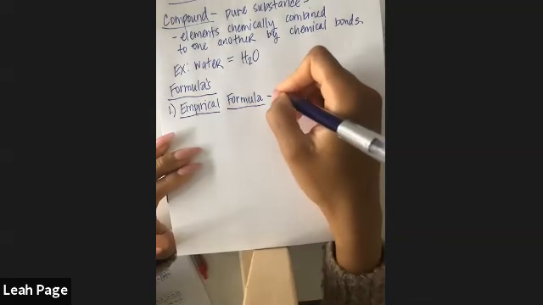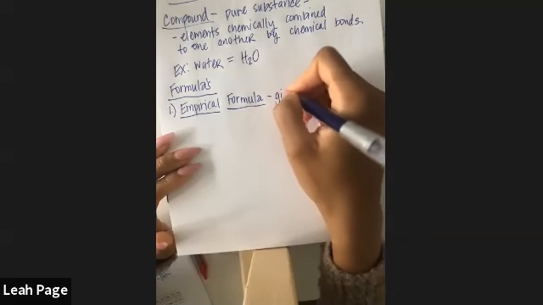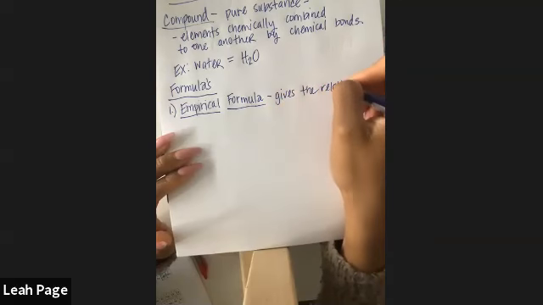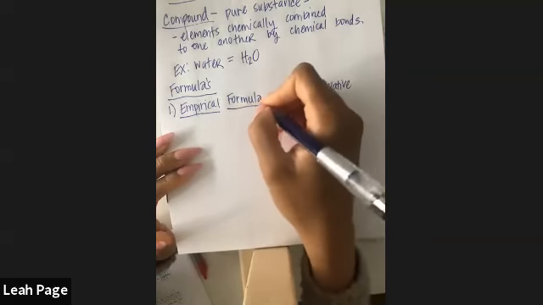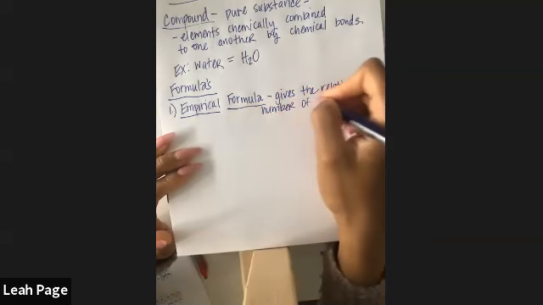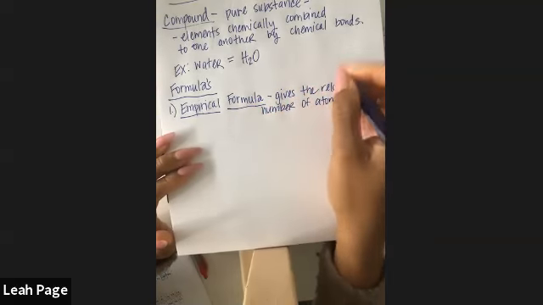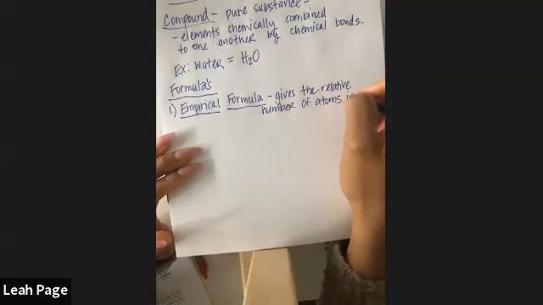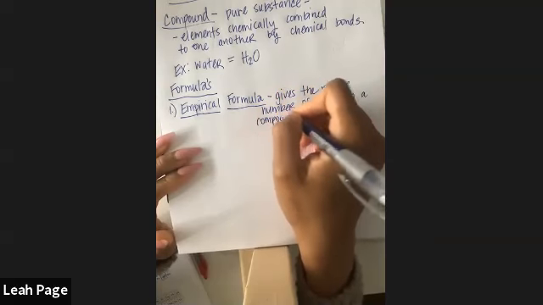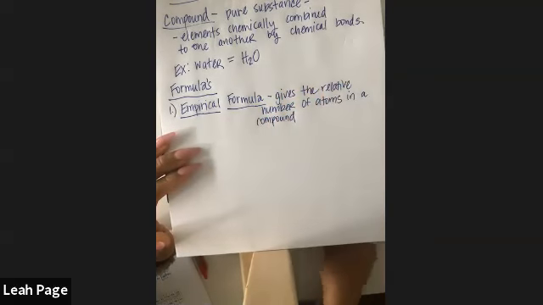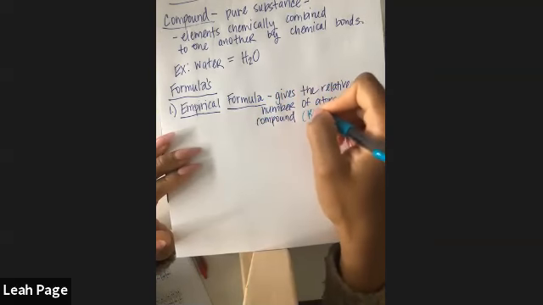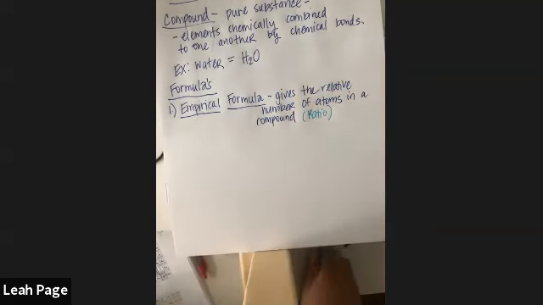And an empirical formula basically just gives the relative number of atoms in a compound. And all this really means is the empirical formula just gives you the ratio of atoms in a compound.